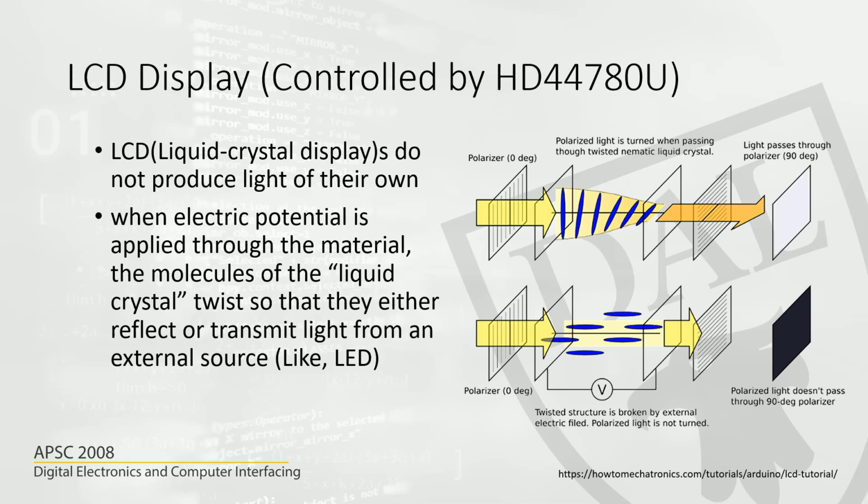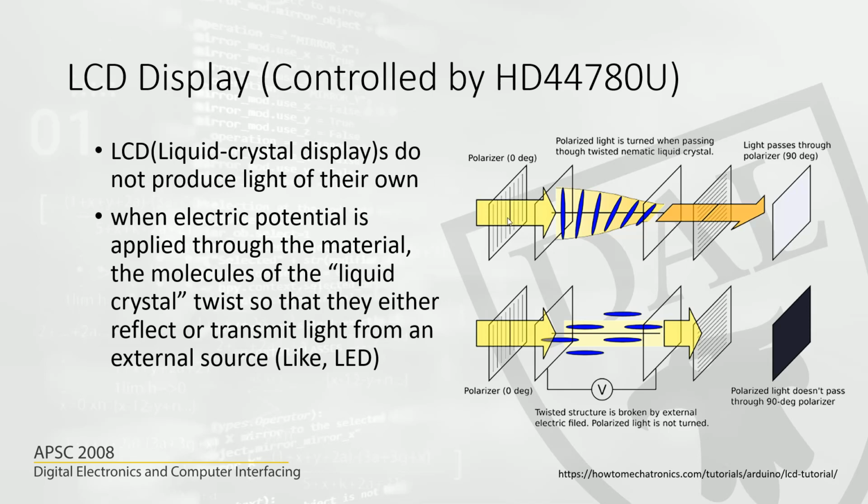When you don't apply any voltage, what happens is, I'm not sure if you've had experience playing with polarized sunglasses. Polarized sunglasses have something like this: they will have vertical slits. You know that light waves are transverse in nature, which means they will oscillate in different angles.